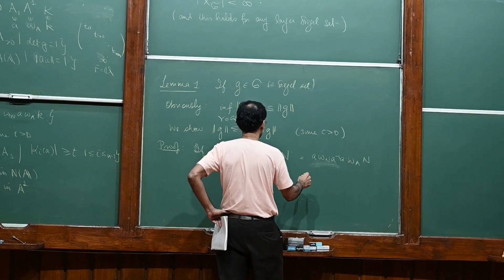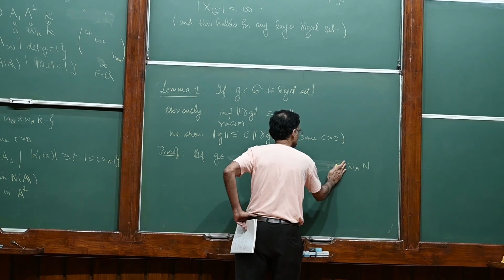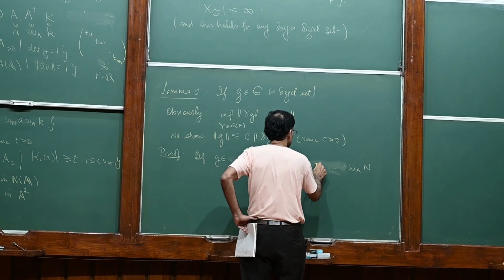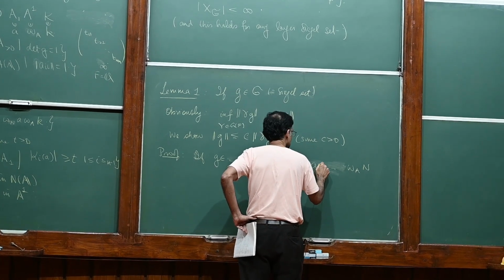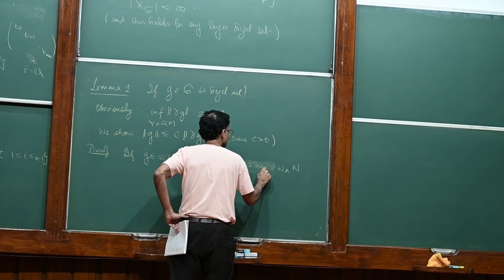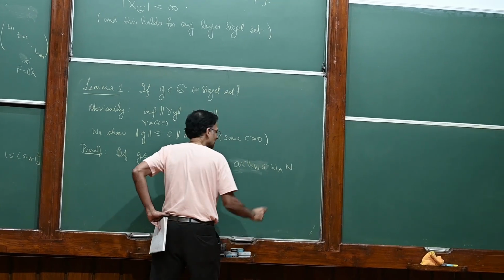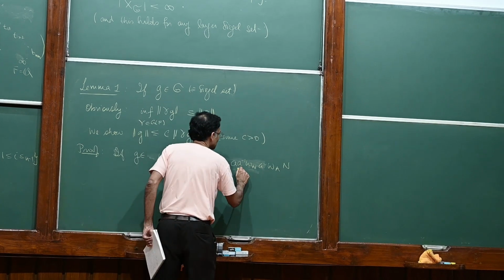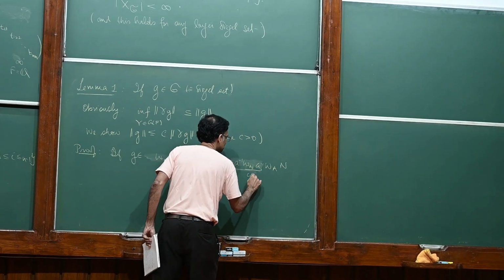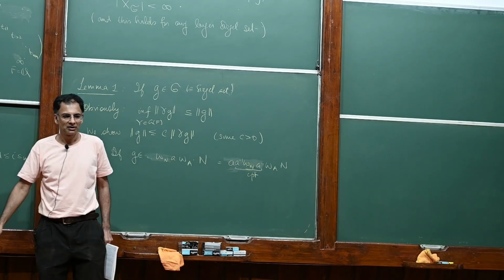So what did I do wrong? Sorry. A inverse omega N A, yeah. So this is of course again a compact set.